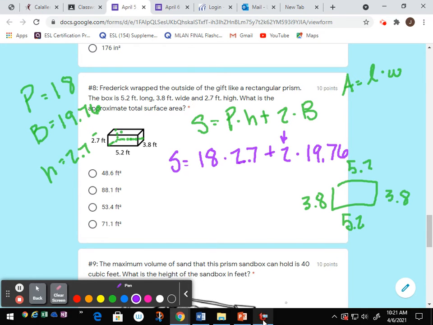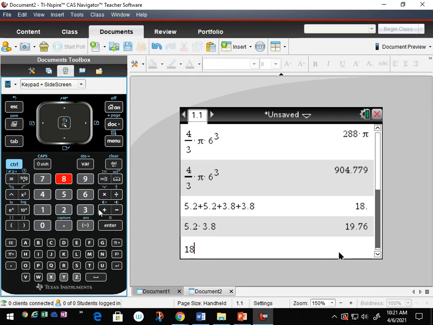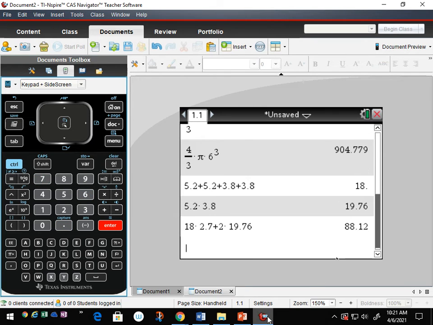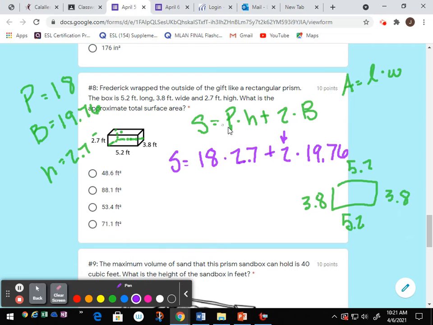We'll type this into the calculator: 18 times 2.7 plus 2 times 19.76. We get 88.12. This is square feet. We found the surface area, keyword area, so our answer is squared. We see that answer choice B is the closest answer, so B is correct for number 8.